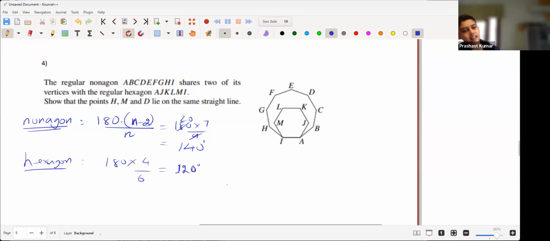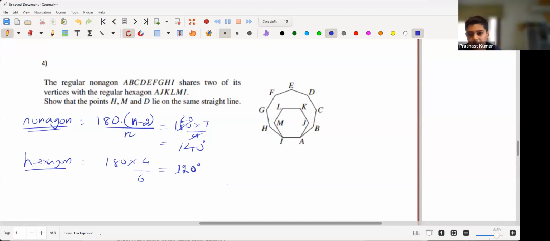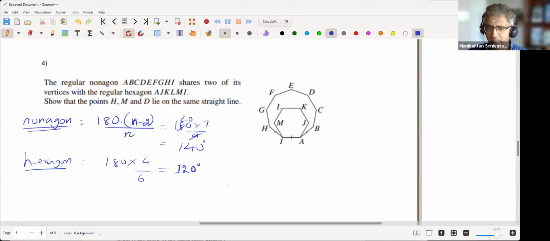Sir, I didn't actually go down this path, because what I noticed here is that the side lengths are the same in both the shapes, and they share two common vertices.